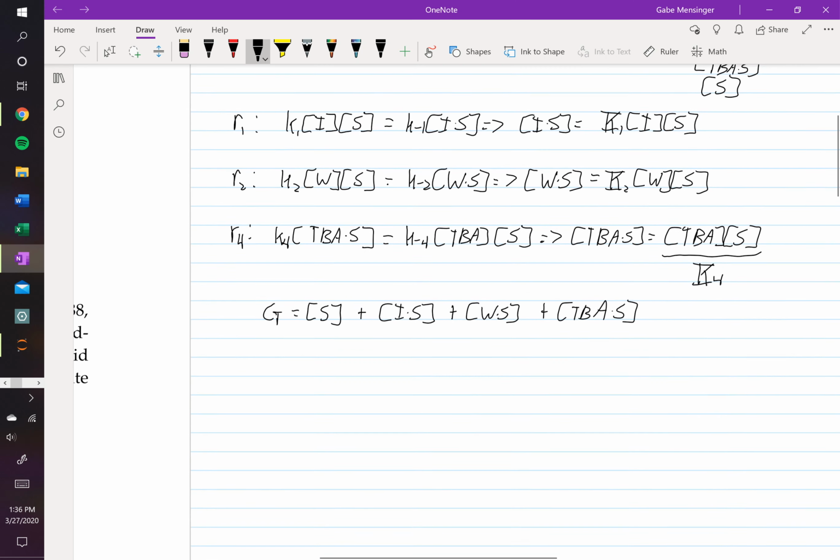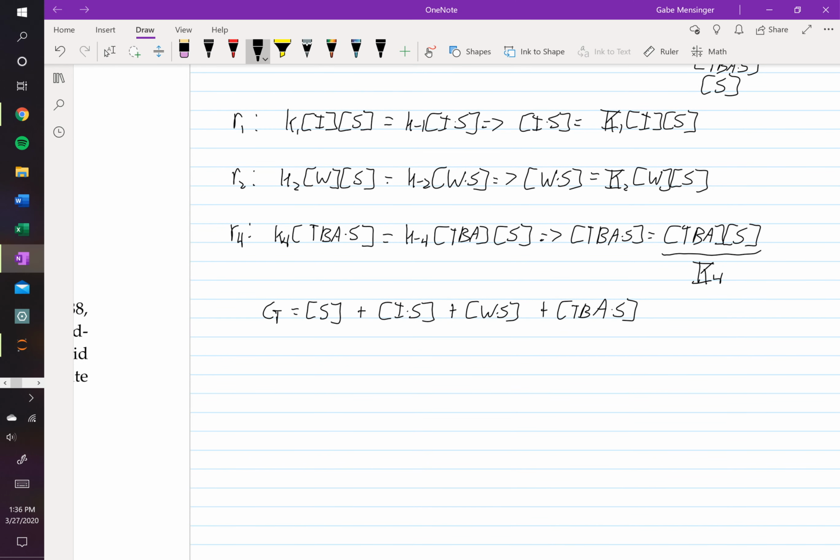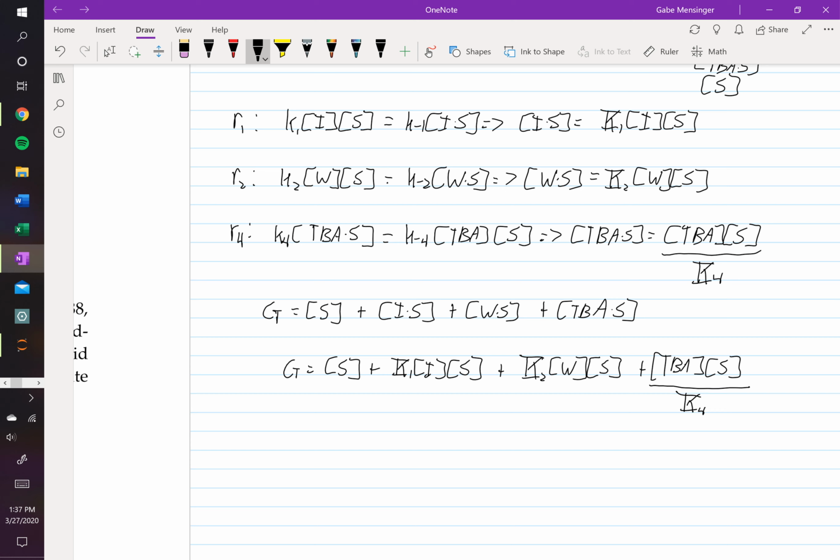All right, now plugging in all the expressions that we've solved so far, we're going to get that CT is equal to K1... just make sure I did that right.